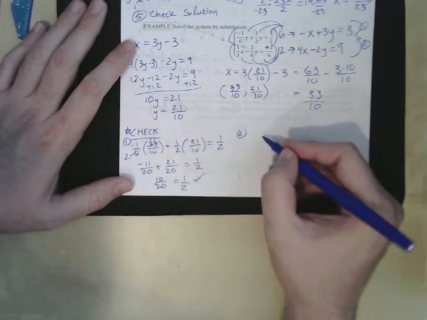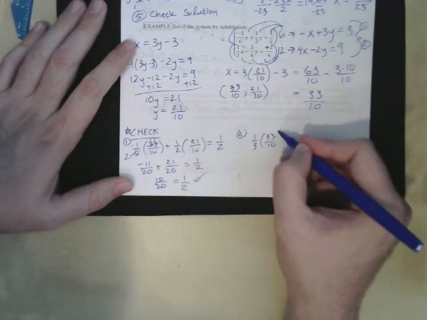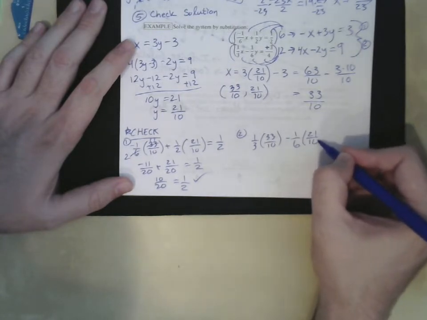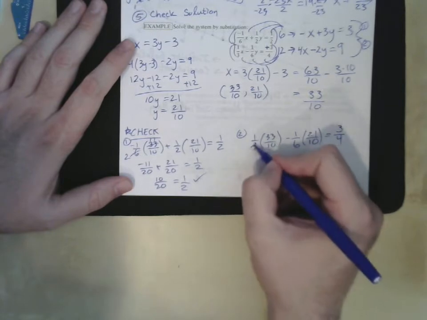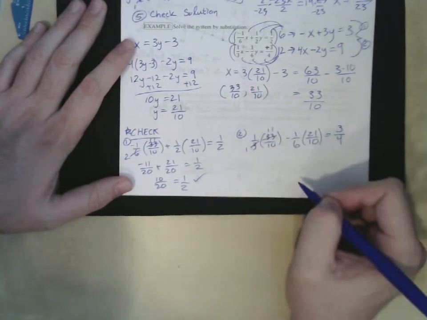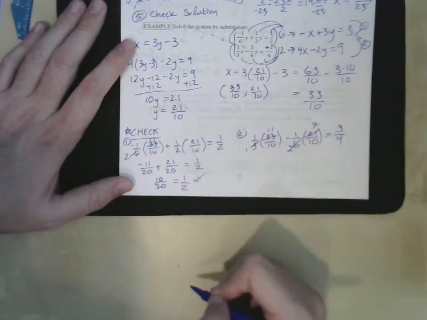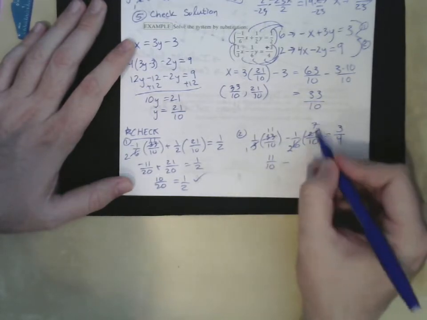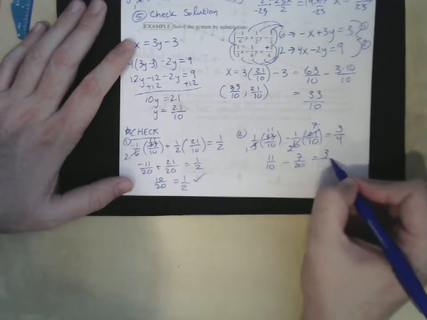Plugging into equation 2, we have 1/3 times 33 over 10 minus 1/6 times 21 over 10. And this should equal positive 3/4. So again, I can cancel a 3 here, make that 11. I can cancel a 3 here, make this 2, and make this 7. And then we have 11 over 10 minus 7 over 20 should equal 3/4.